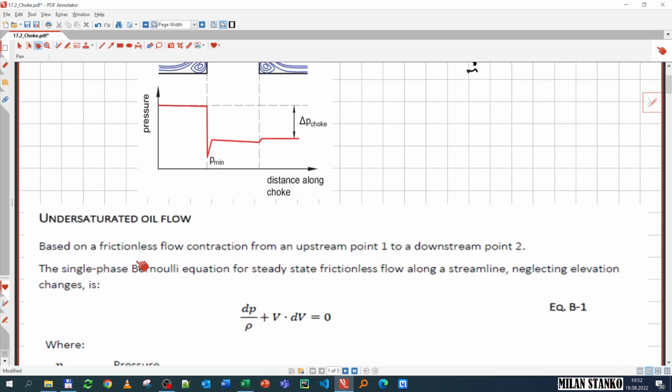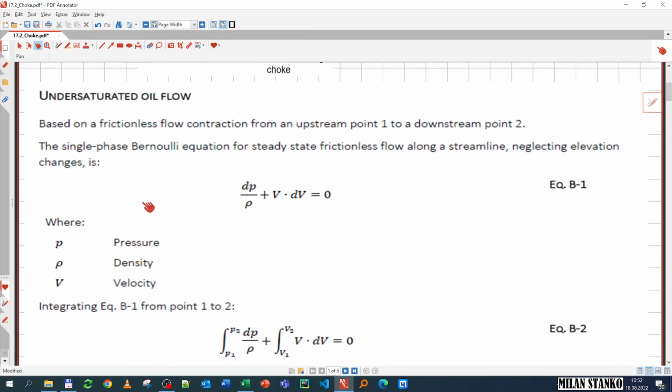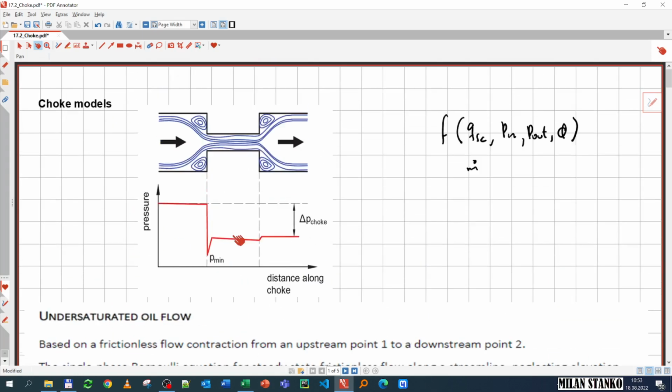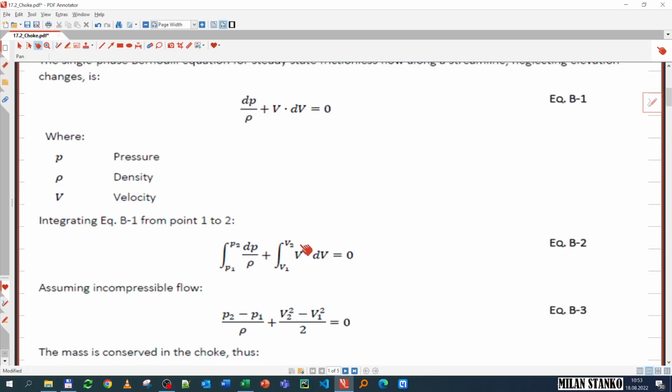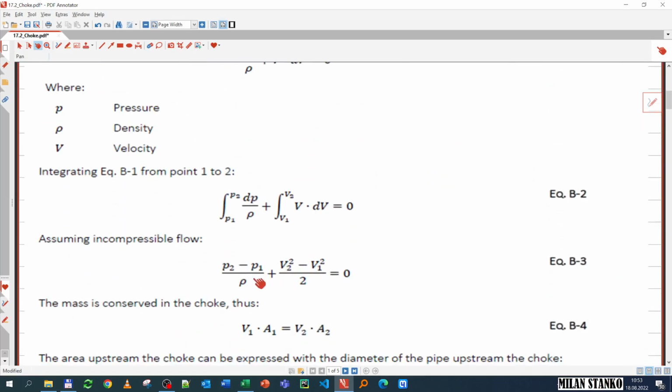Going to the case of undersaturated oil flow, consider this equation that relates the change in momentum with the difference in pressure along the streamline. If I integrate this equation between the inlet and the throat, neglecting the friction losses, I end up with something like this.